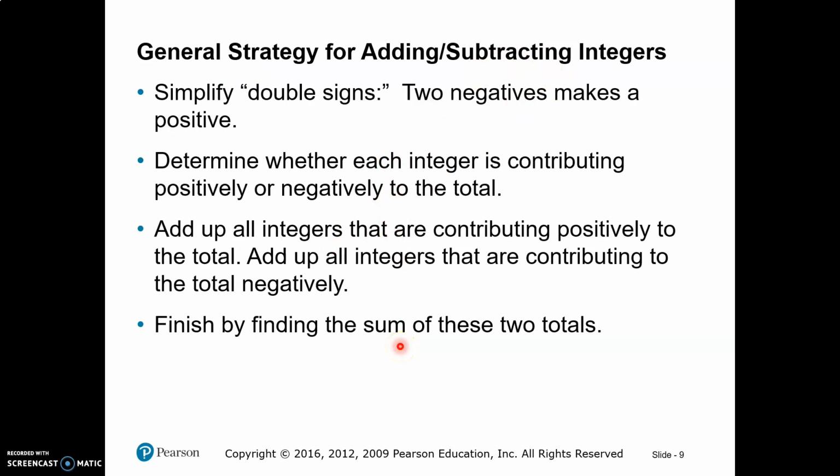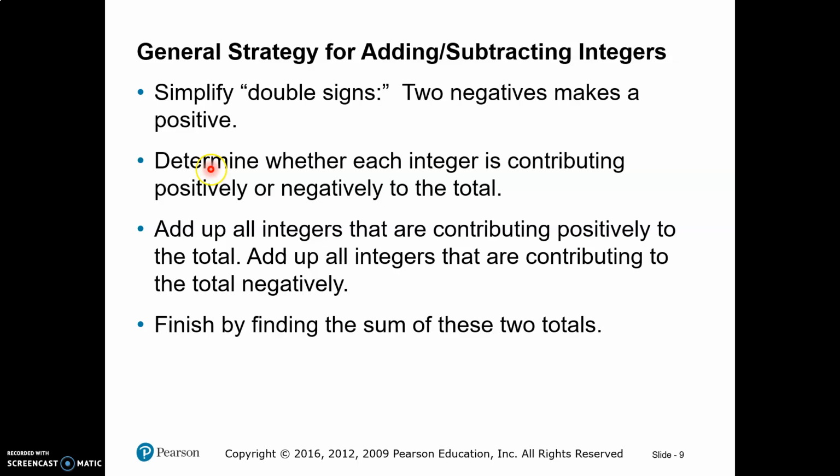Now we can add and subtract integers, in fact any numbers for that matter, by these steps. Step 1, we look for two negatives and we make it a positive.